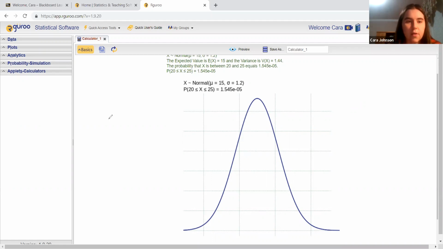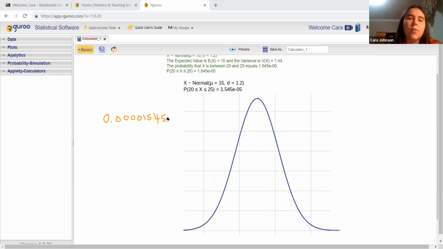So we take the decimal point and move it 5 places to the left. So that's all that means. This is basically 0. So when you see the E, it means it's a very small number.